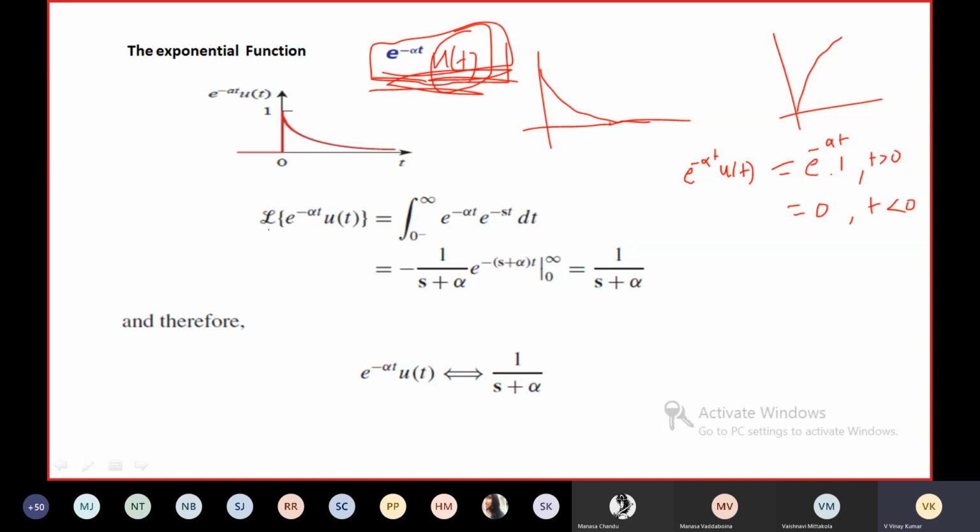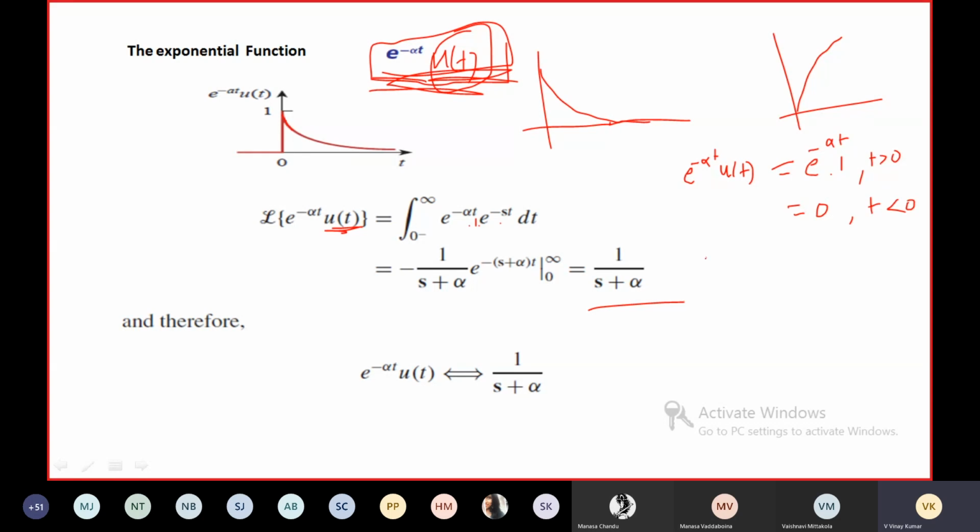So Laplace of e power minus alpha t u of t is equal to the integration from 0 minus to infinity. Anyhow, from 0 to infinity, u of t is equal to 1, so e power minus alpha t into 1 into e power minus st. So the integration of e power minus alpha t e power minus st dt, after solving, you are going to get 1 by s plus alpha.